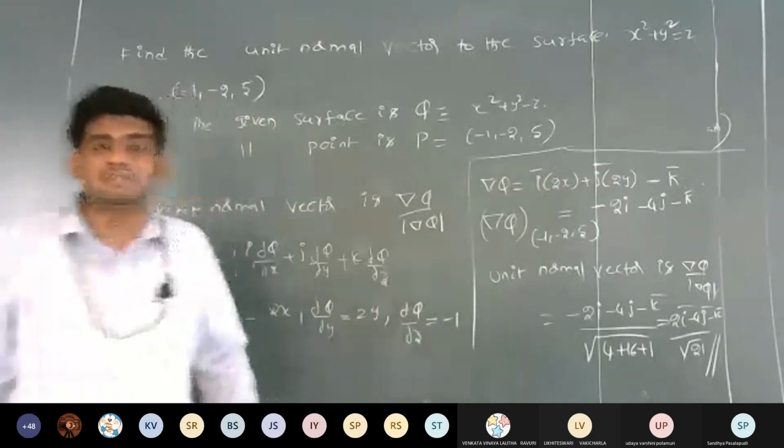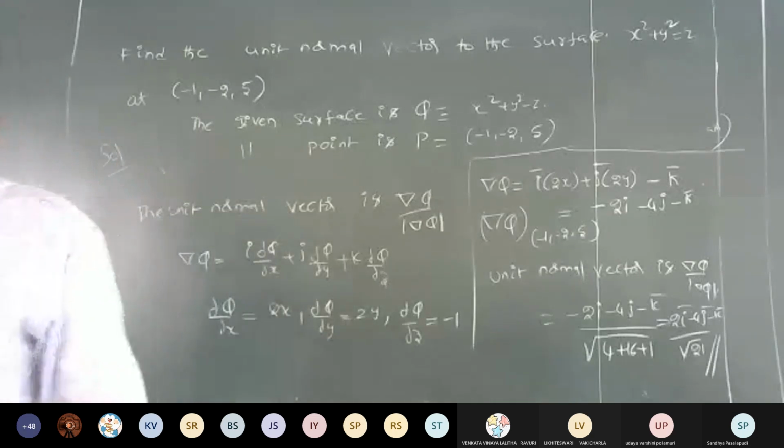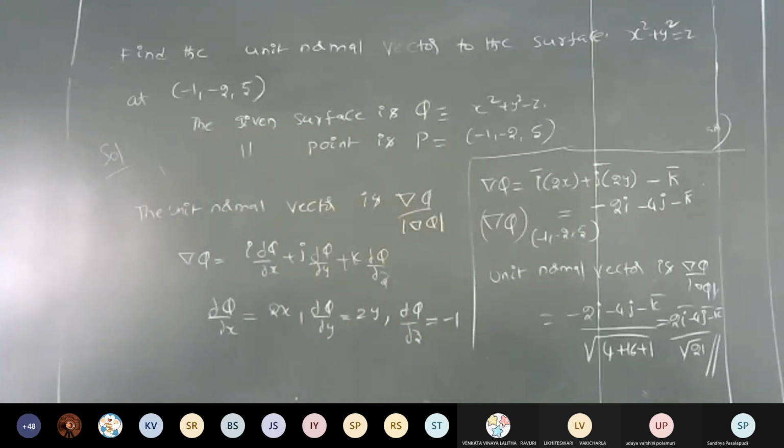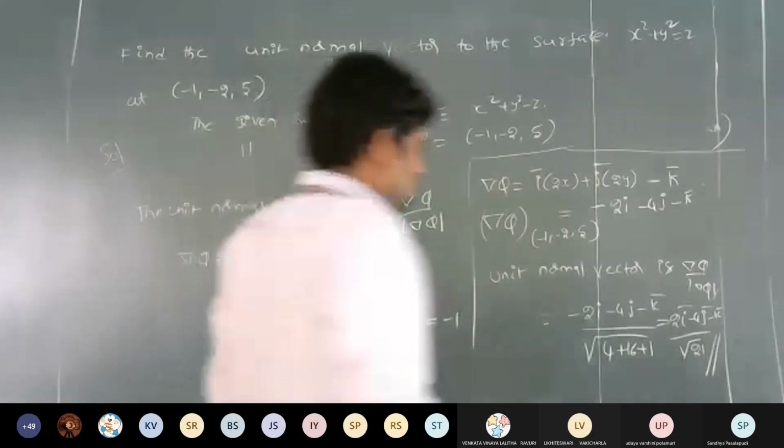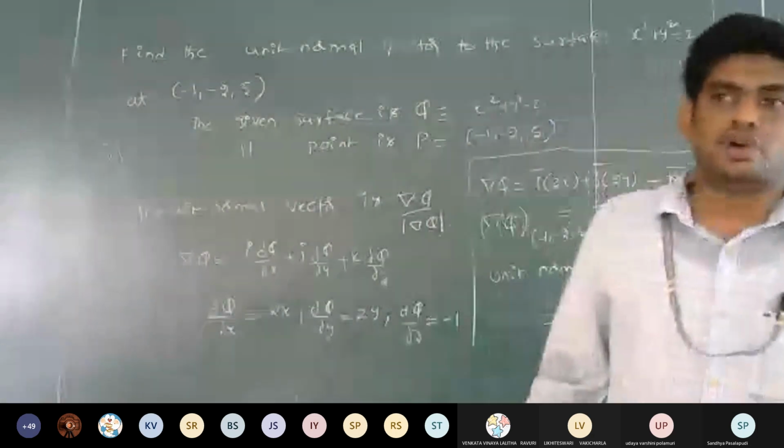But the problems are very simple. Already we discussed the basic formulas, so based on those basic formulas, we just simplify the given problem. That's enough, then you will get the absolute answer. So no doubt at all.